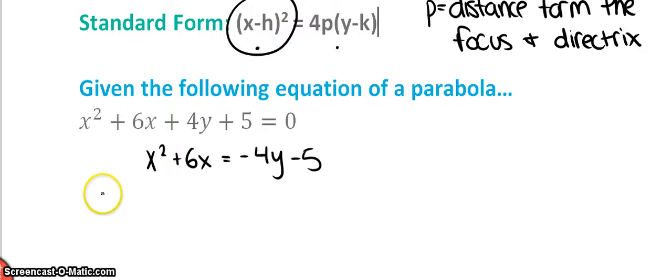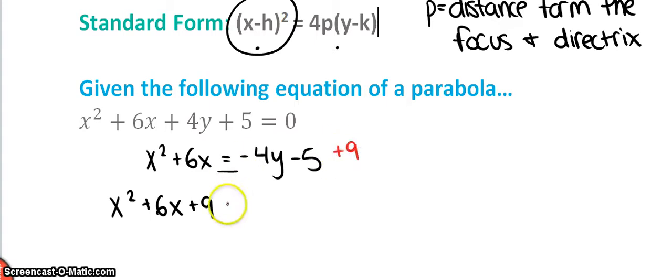We want to create a perfect square trinomial, so we take half of b and square it and fill in our blank here to get the binomial x squared plus 6x plus 9. Whatever you do to one side, adding this 9 in your blank, you'll have to do to the other as well. So if we simplify the right-hand side, we should get -4y plus 4.